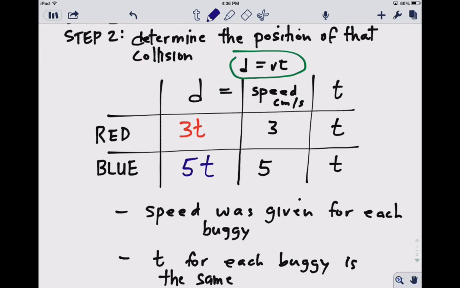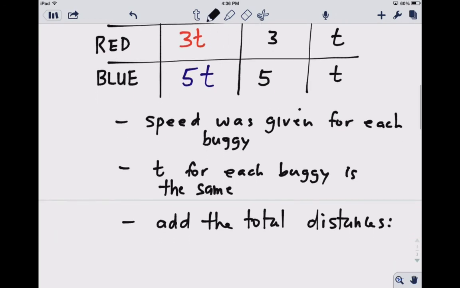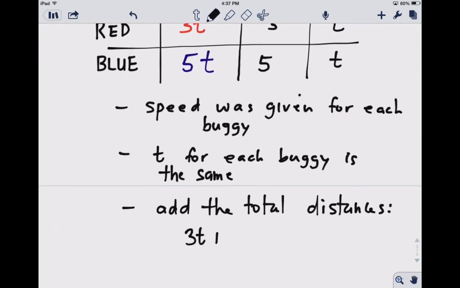Although that doesn't seem like a huge step forward, it really helps me, because I know I can add up the total distances. That's my next step. If I add up the total distances, 3t plus 5t equals the total distance that the buggies travel, or the distance between the buggies, which in this case was 80 centimeters.